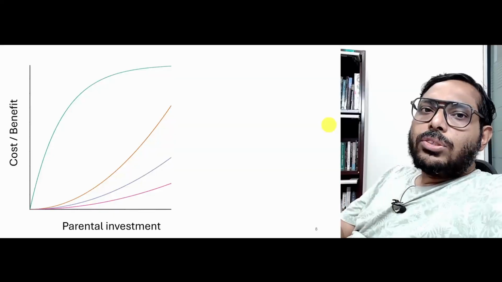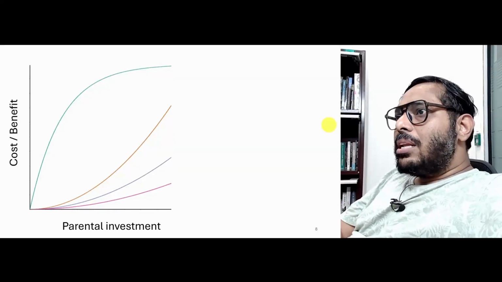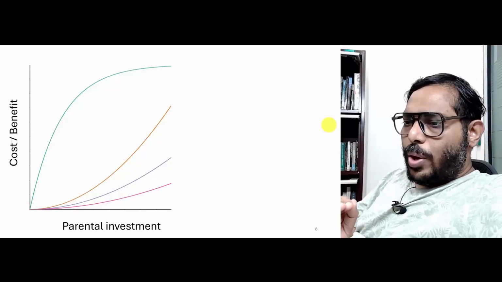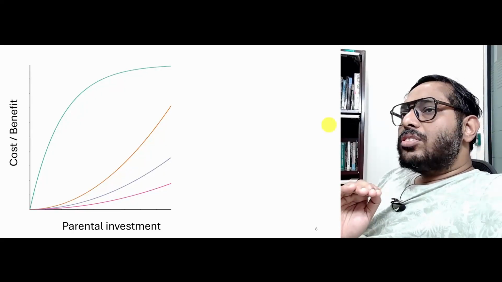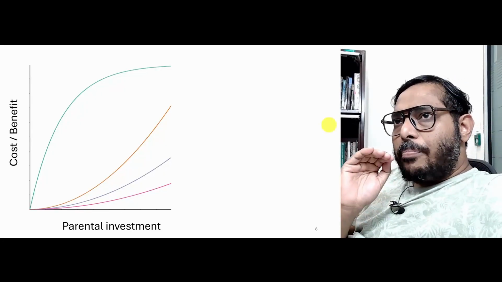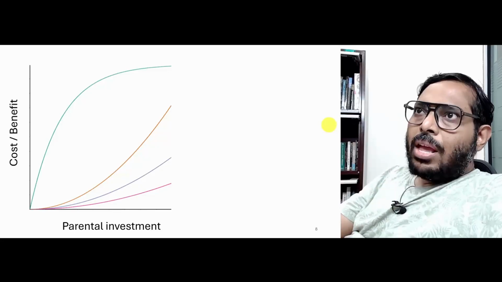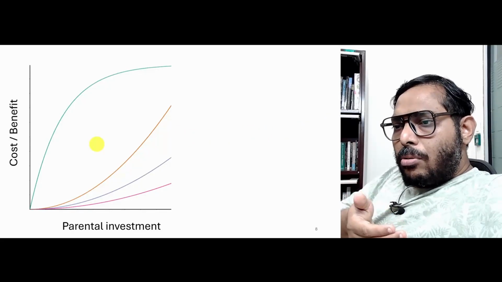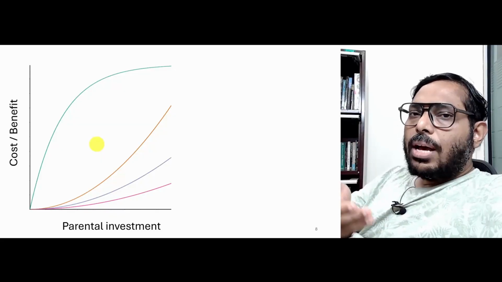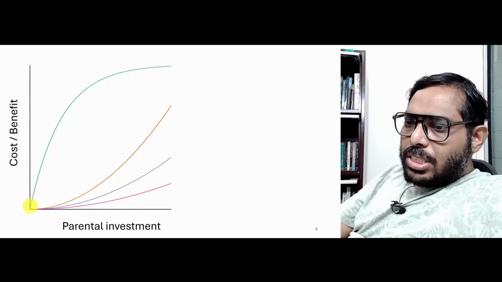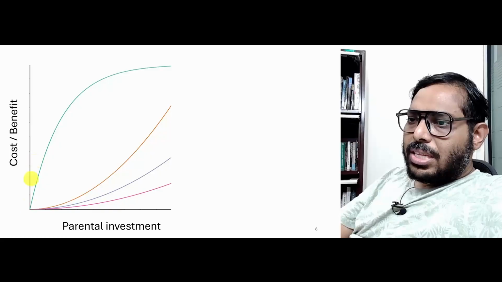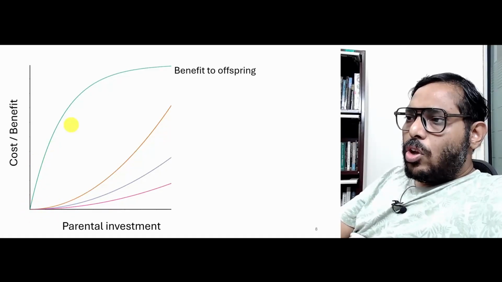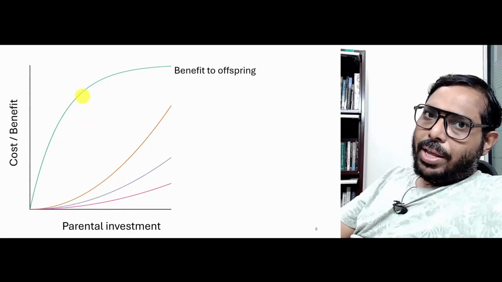If there is zero resource investment by the parents, then the chance of an offspring surviving is close to zero. That is why when the parent starts investing, then in the initial phase the benefit to the offspring goes up very sharply. So, that is what is being shown over here in this cyan line. As the parental investment starts increasing, the benefit to the offspring increases very sharply.